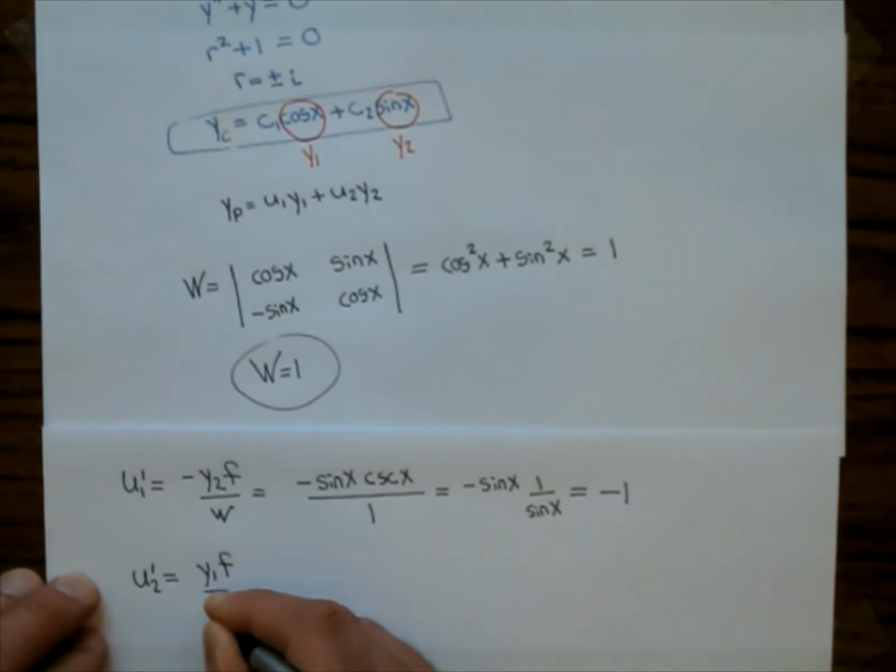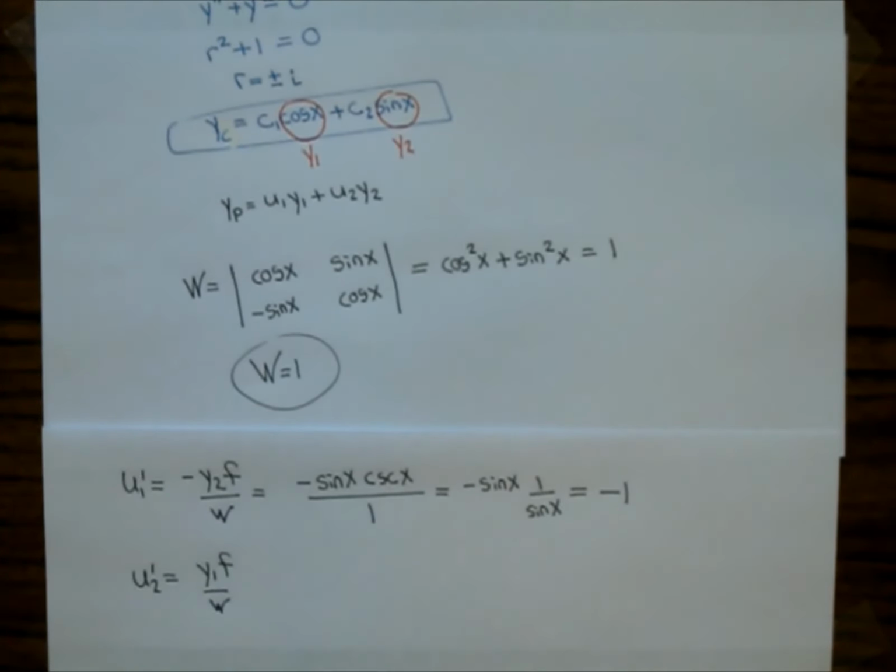Okay, u2 prime equals y1 f over Wronskian. So y1 f is, well, y1 is the cosine of x, and f happens to be the cosecant of x, and then we have 1 right there. So what do I have here?